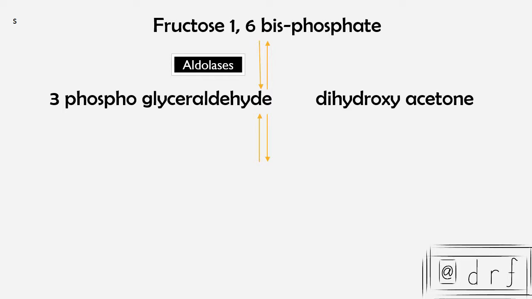So, we get a 3 carbon molecule, glyceraldehyde or dihydroxyacetone. Dihydroxyacetone is easily convertible to glyceraldehyde. Hence, here we are going to see 2 molecules of glyceraldehyde in the further reactions.